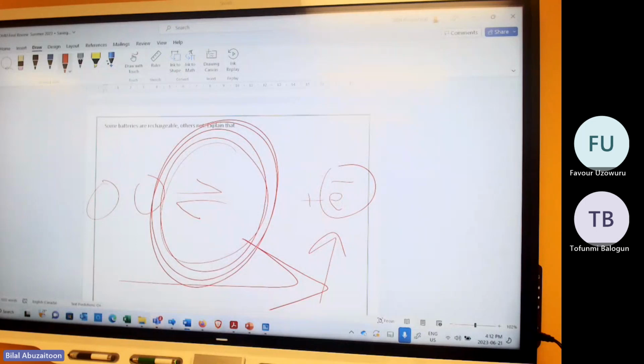Where do the electrons move? Nothing happens. The reaction is one way, okay? The electrons are produced. If you just plug the charger into this battery, there's no way to reproduce the reactants again.